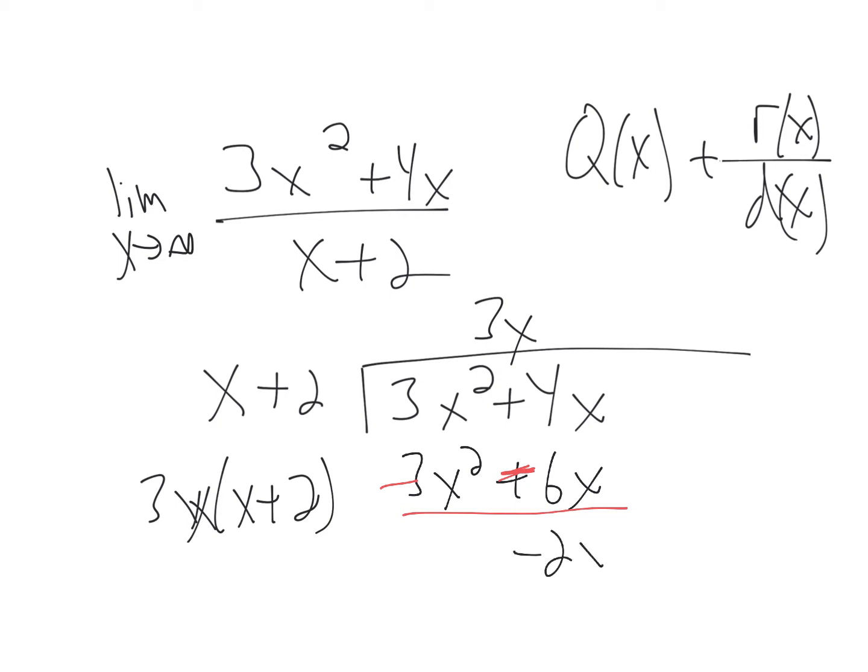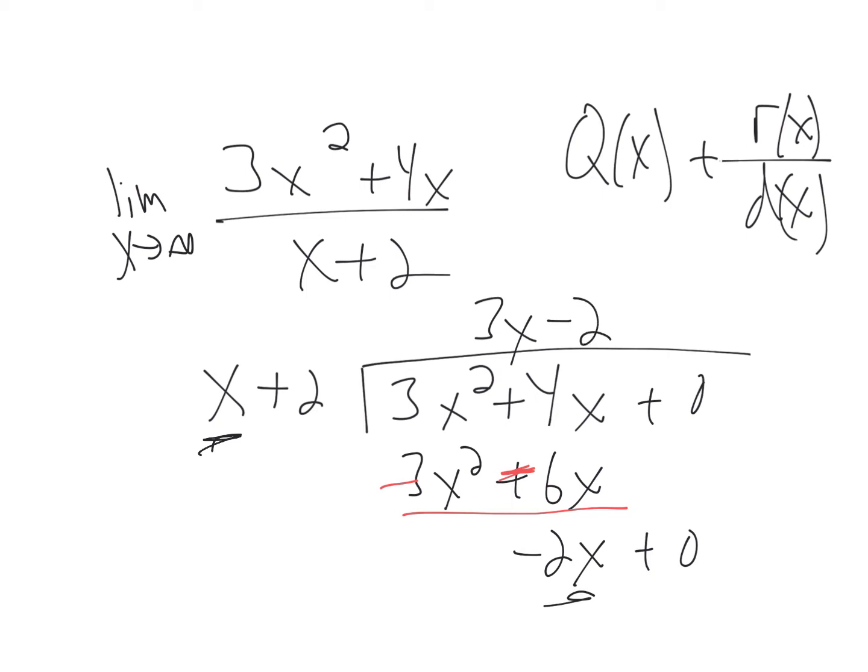I'm left with negative 2x and then plus 0, I guess. This is a little weird because there's no constant term there. Then I ask myself, what times x is negative 2x? Well, that's minus 2, giving minus 2x minus 4.